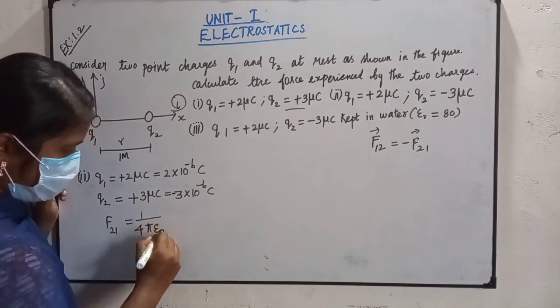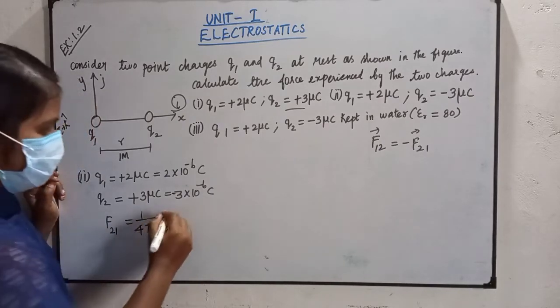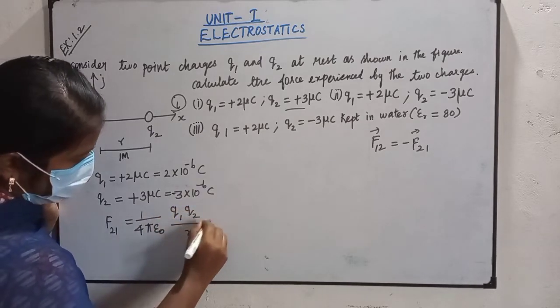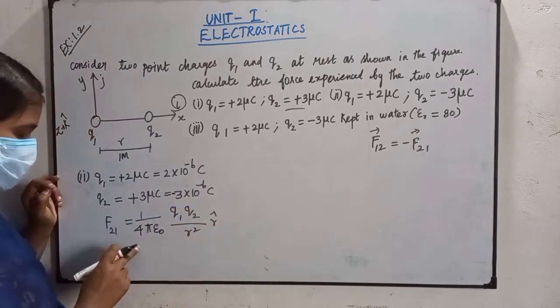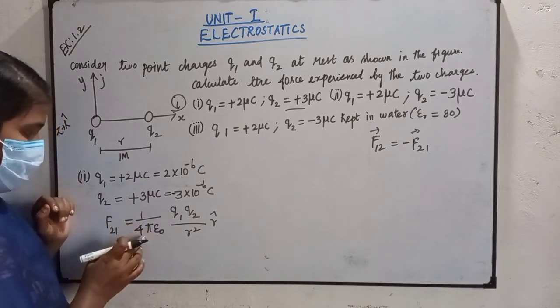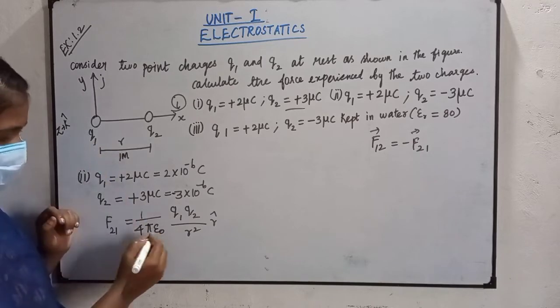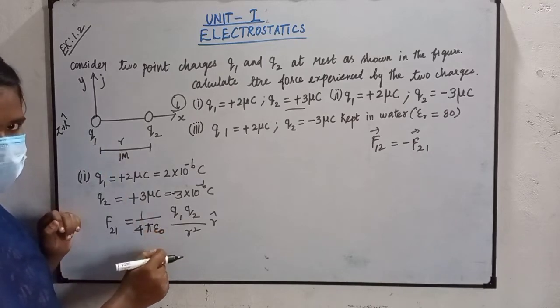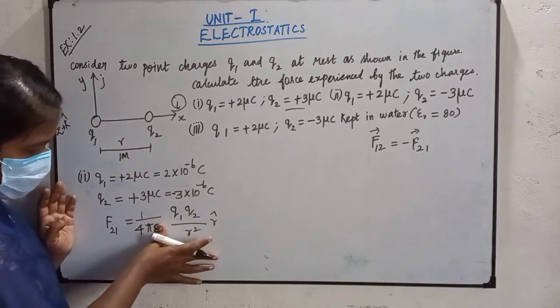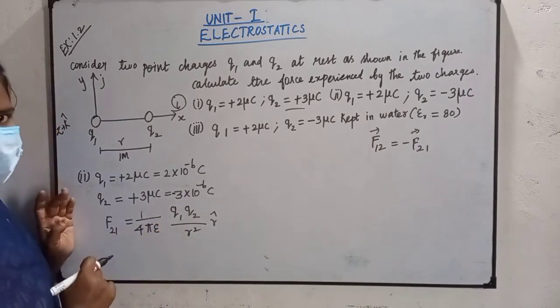1 by 4 pi epsilon naught Q1 Q2 by R squared into R cap. Now in vacuum we have to use this epsilon naught. If it is kept in a medium, we have to use epsilon.